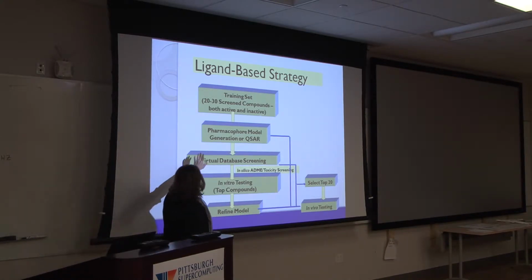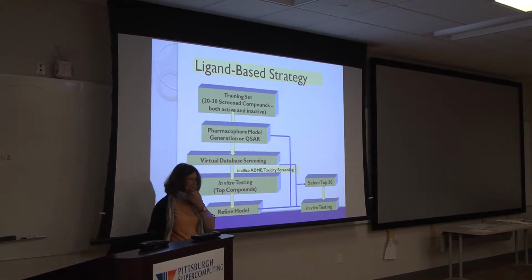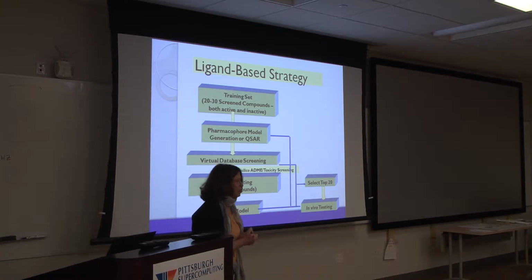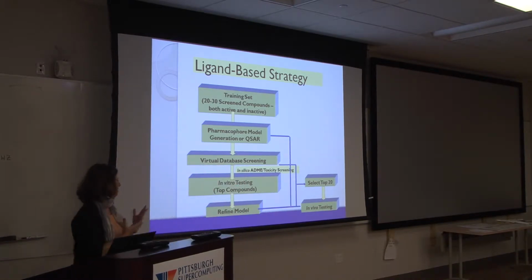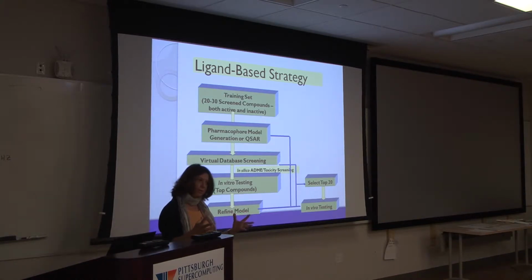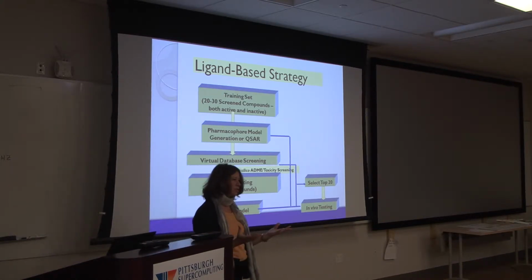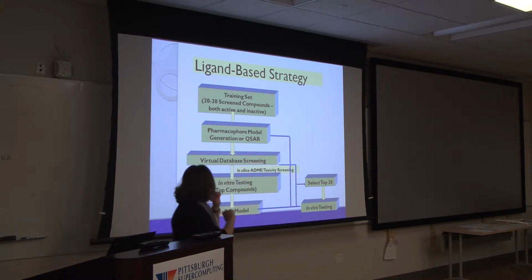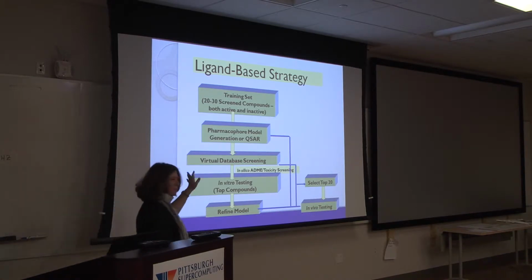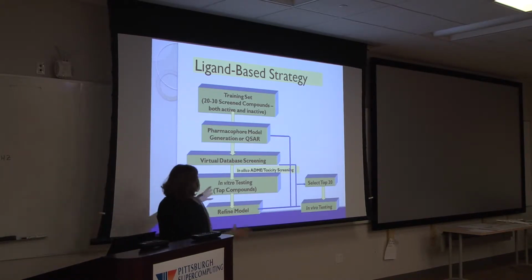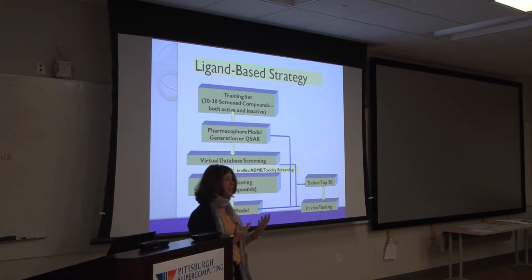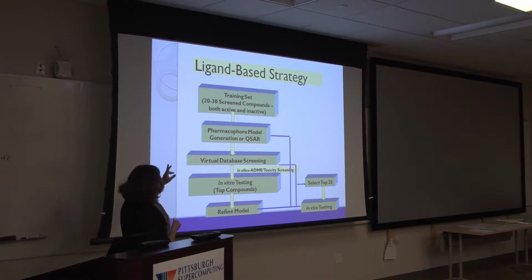Then you generate what's called a pharmacophore model, and we'll get to that, using quantitative structure activity relationship methods. A pharmacophore model is a model that has pharmacological properties. Unfortunately, this is an overview, and then I will explain what a pharmacophore model is, okay? Now you have a model for what a desirable drug is supposed to be just from the analysis of those compounds.